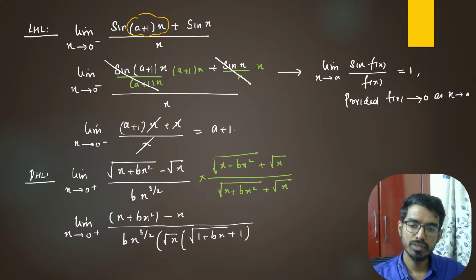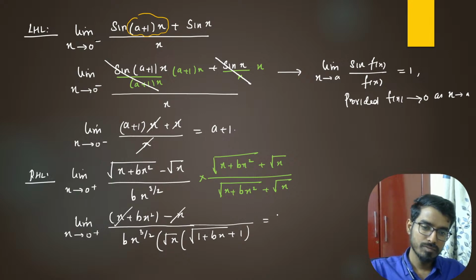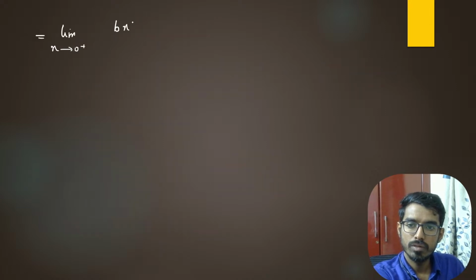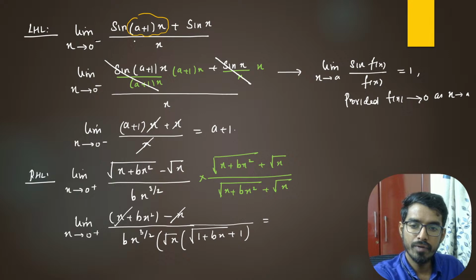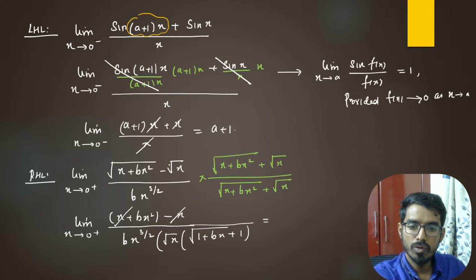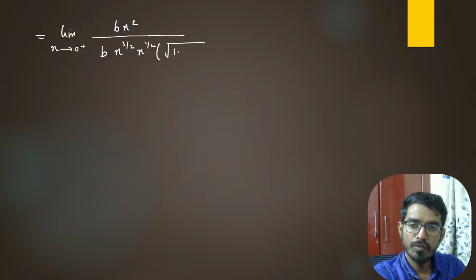So x will get cancelled. So you will have limit x tending to 0 plus, b into x square, whole divided by b into x power 3 by 2 into x power 1 by 2, times root of 1 plus bx plus 1.